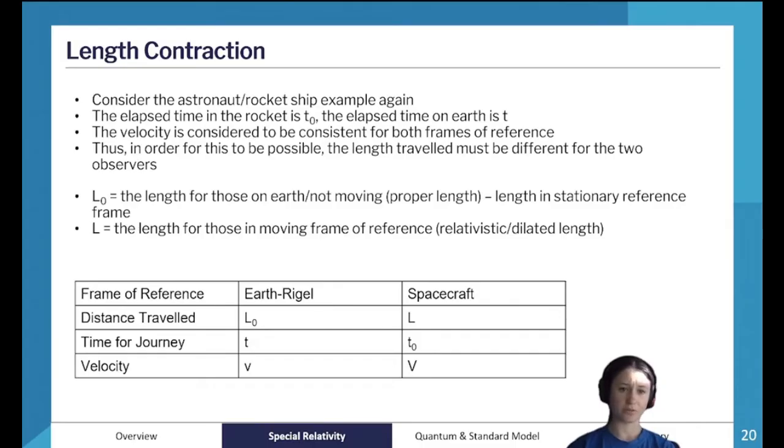Thus, in order for this to be possible, the length traveled must be different for the two observers. So we have L naught, which is the proper length, the length of those on Earth not moving in the stationary reference frame, and L, which is the length for those in the moving frame of reference. Alright?